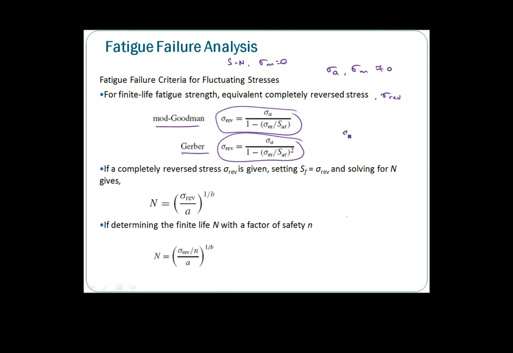So if I have my A, my B, and my completely reverse stress, then I can find my N. N equals the reverse stress over A, to the power of 1 over B. So from there we can predict the finite fatigue life.